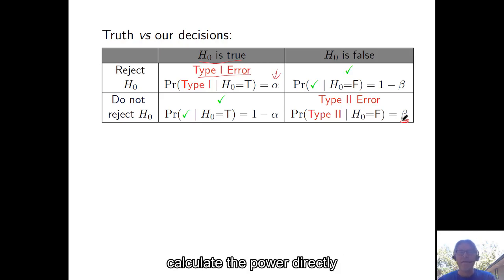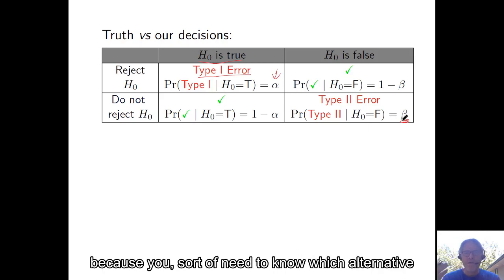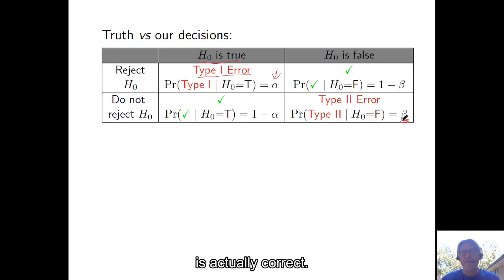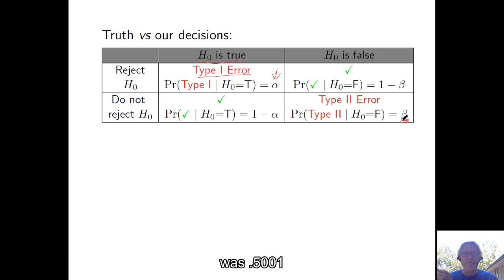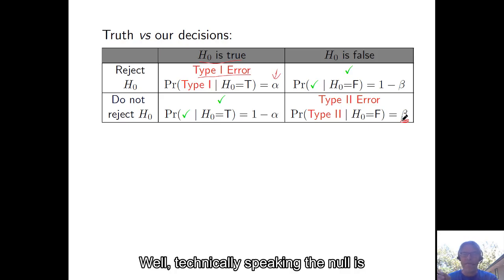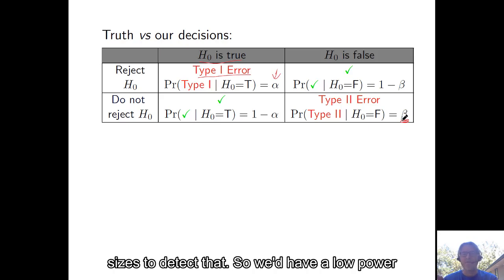So it's hard to calculate the power directly because you sort of need to know which alternative is actually correct. In the matching example, if the true matching probability for the photos of the dogs and their owners was 0.5001, well, technically speaking, the null is wrong, but it's just very close to 0.5, so we'd need enormous sample sizes to detect that.